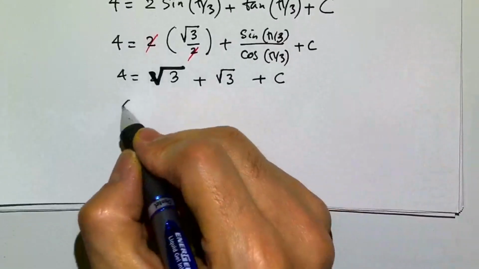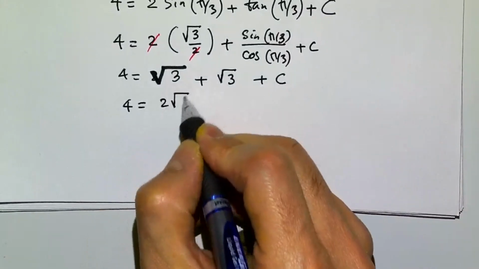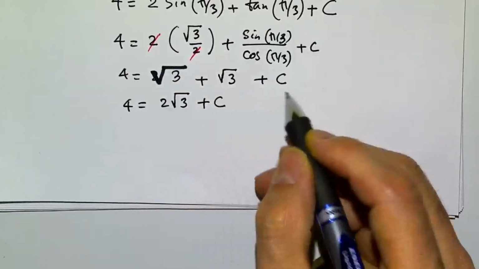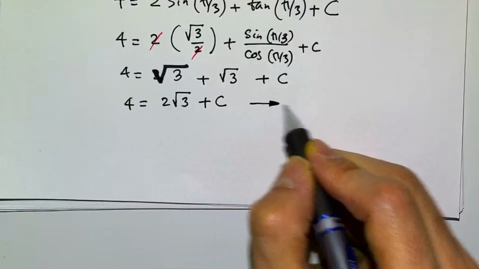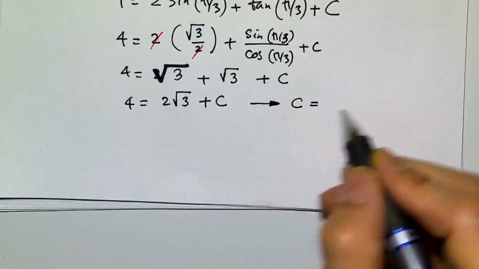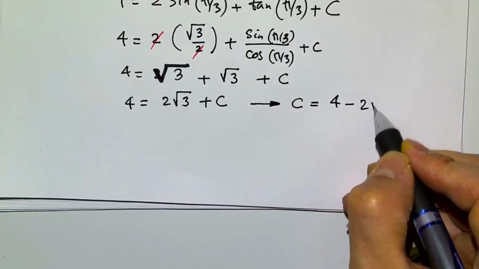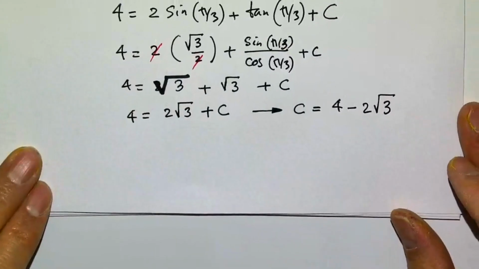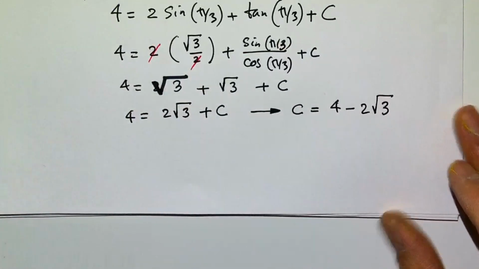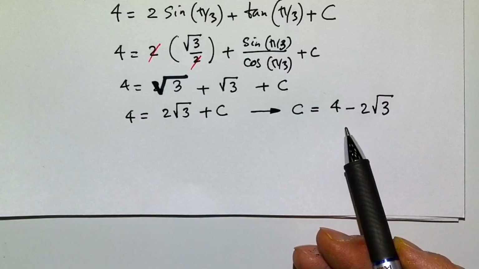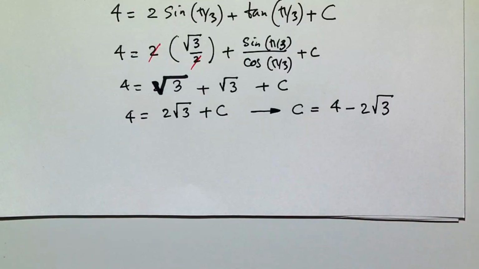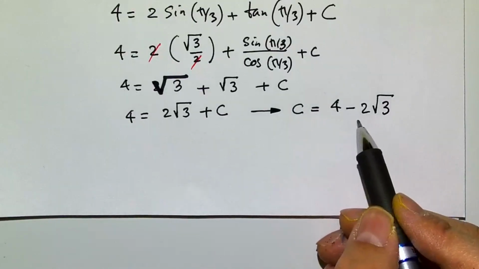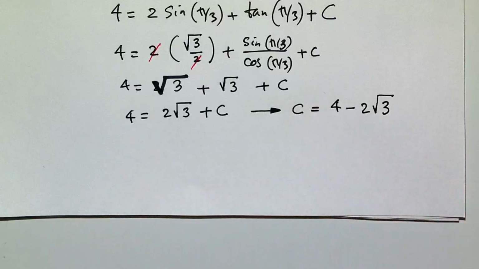We get 4 equals 2 square root of 3 plus c, which means c is equal to 4 minus 2 square root of 3. We can calculate the decimal value, but we'd rather not, because this is an exact value, and we'd like to keep the exact value. So let's keep c in this form, rather than the decimal form.